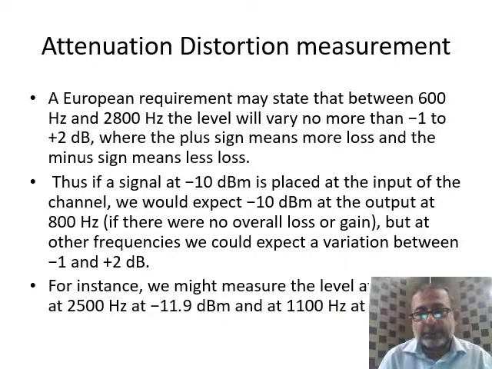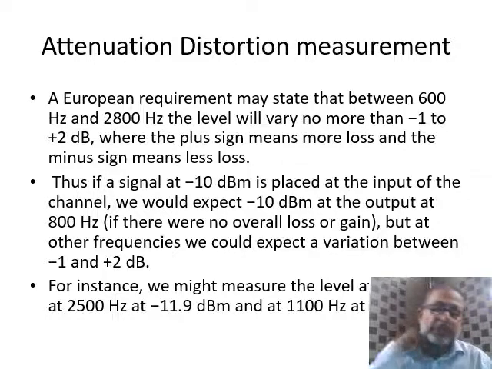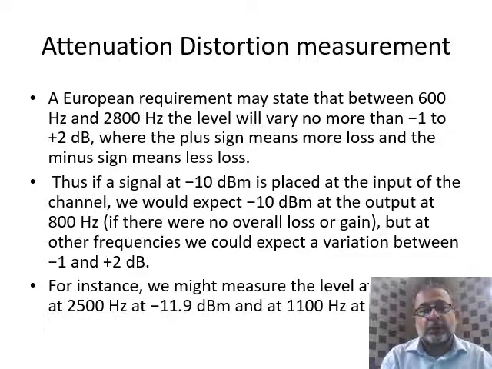In the European system, between the frequencies 600 Hertz to 2800 Hertz, the level will vary by not more than -1 to +2 dBs. Here the plus sign means more loss and the minus sign means less loss.